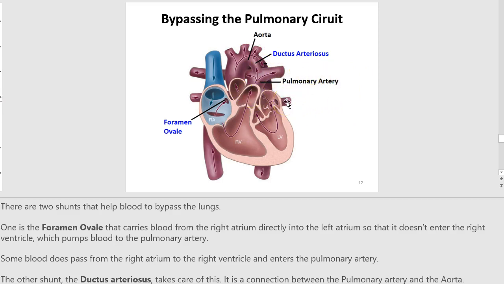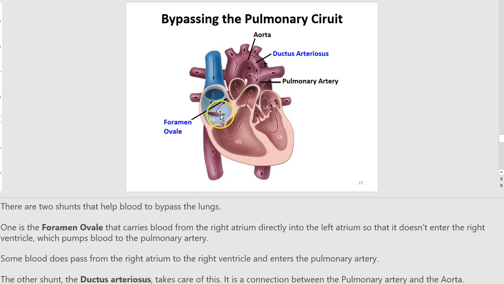So there's 2 shunts. One is the foramen ovale, which is a hole, or a foramen, between the 2 atria. And the other is the ductus arteriosus, which is a vessel connecting the pulmonary artery with the aorta. The way this shunt works is that blood returning to the heart in the inferior as well as superior vena cava still enters the right atrium, just like in the adult heart.